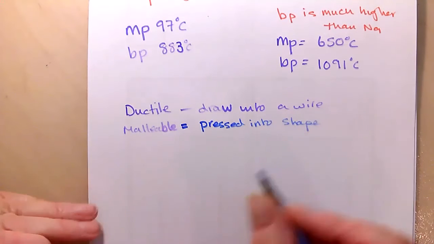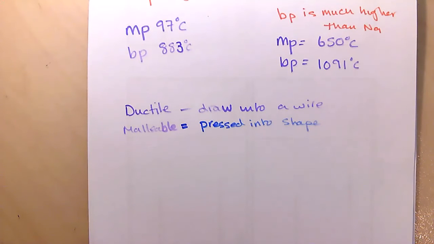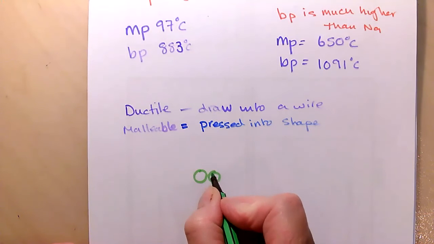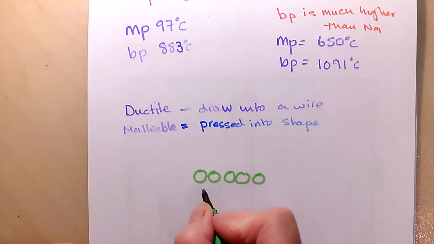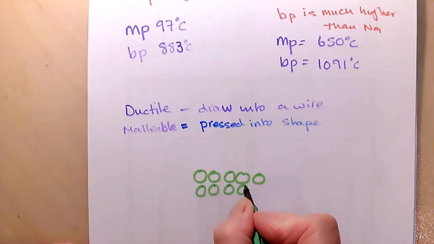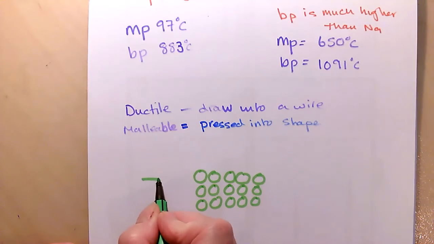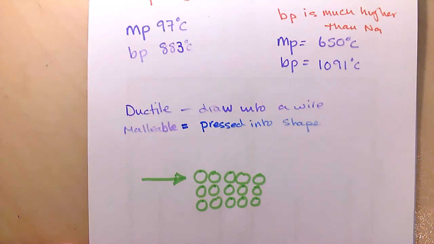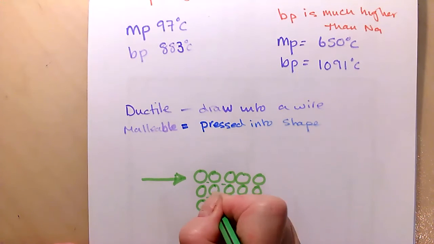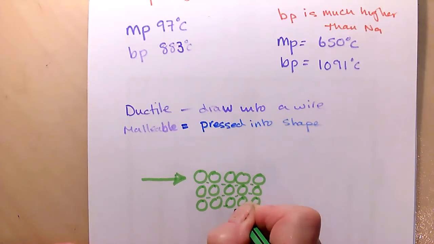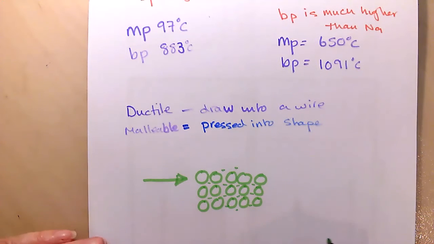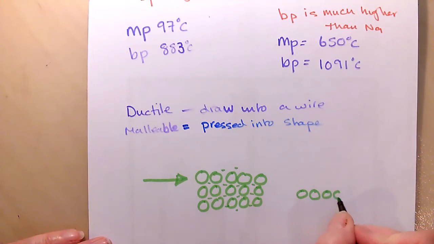And it's all to do with the way that the metal ions are lined up in this regular arrangement here. If we apply a force in this direction, bearing in mind we've got a sea of electrons, all that happens with the top layer is that it scoots along.